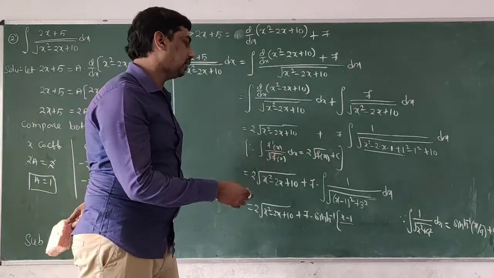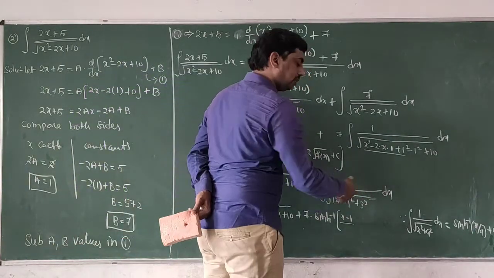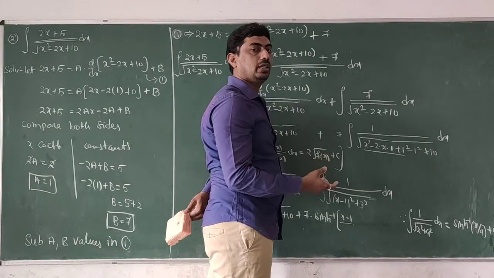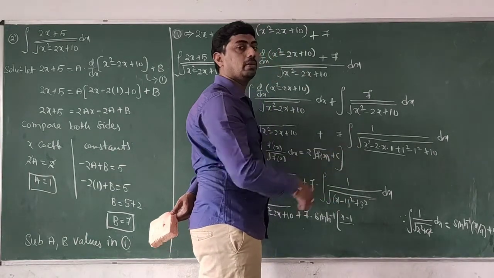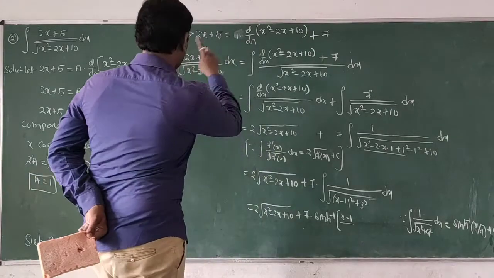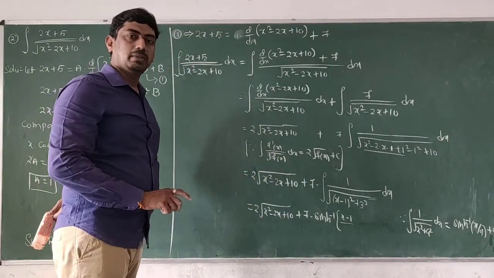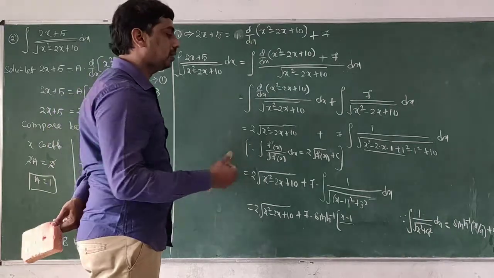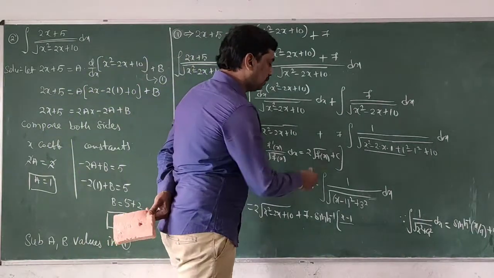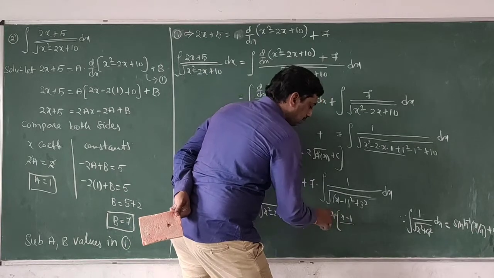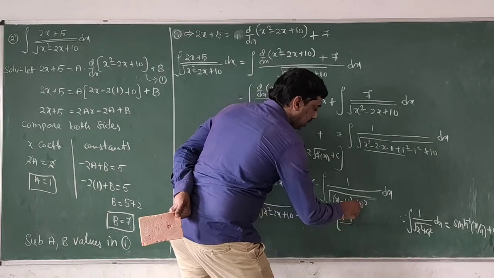In the first method, clearly I take this value equal to t, and from this dx equals dt, and we get the solution. But as many problems are completed and this one is a lengthy problem, we understood method one easily. That's why I am writing directly sin h inverse of x minus 1 by the a value 3.